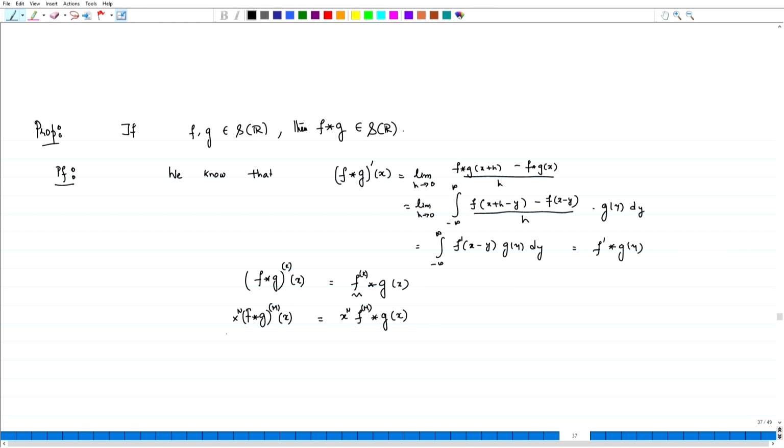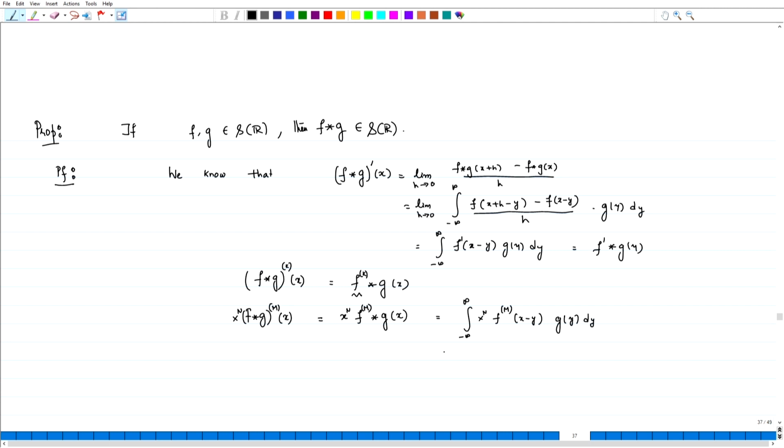This is the integral from minus infinity to infinity of x^n f^(m)(x - y) g(y) dy.